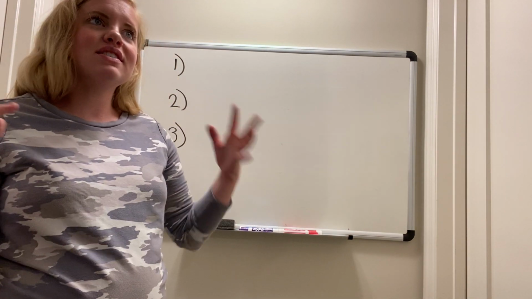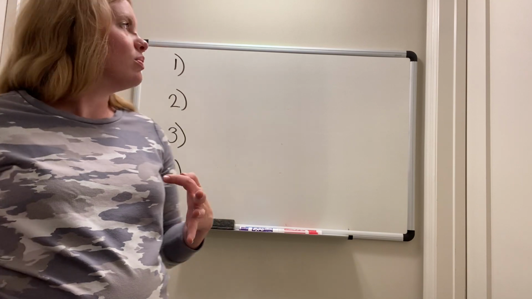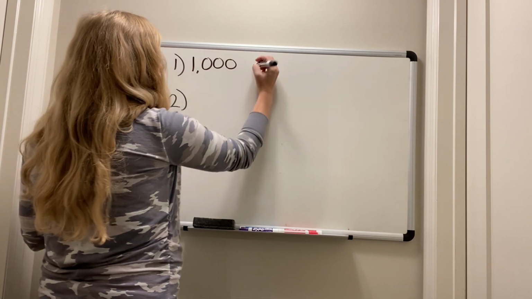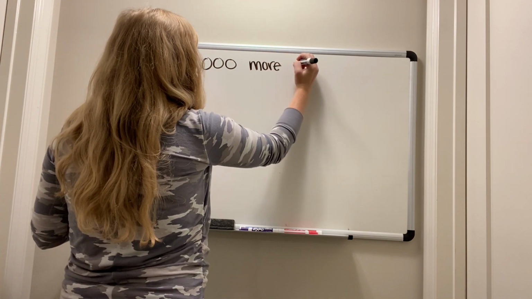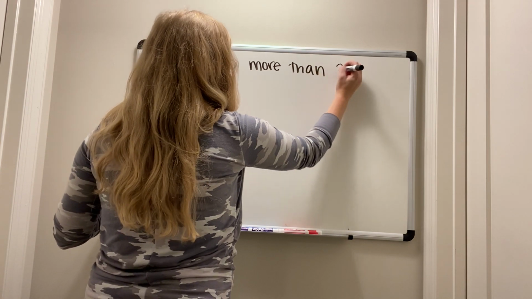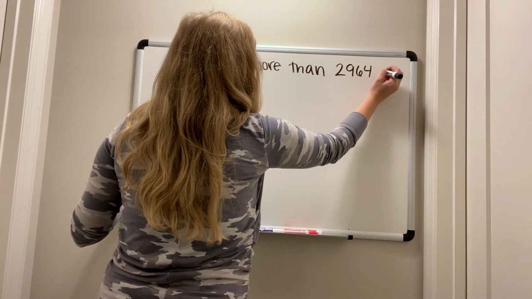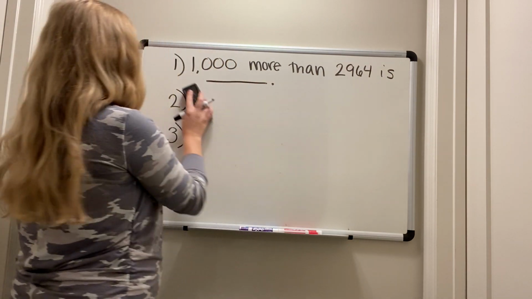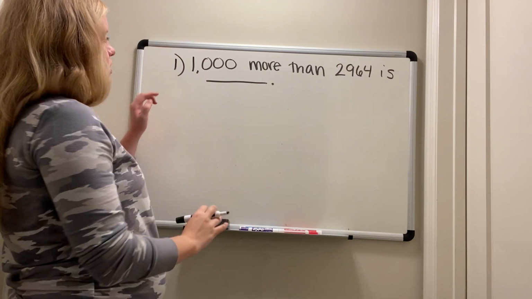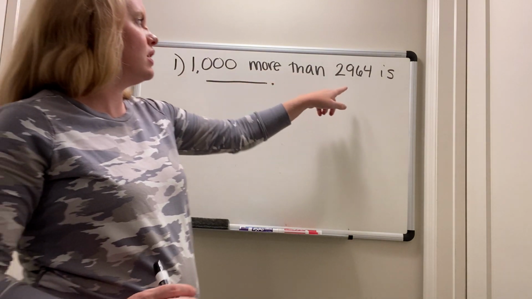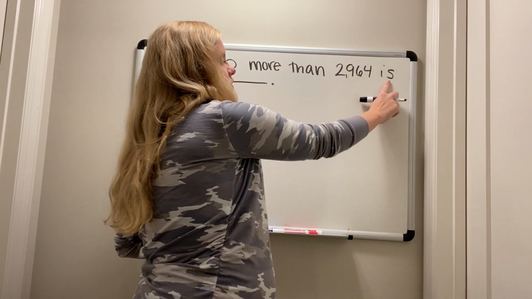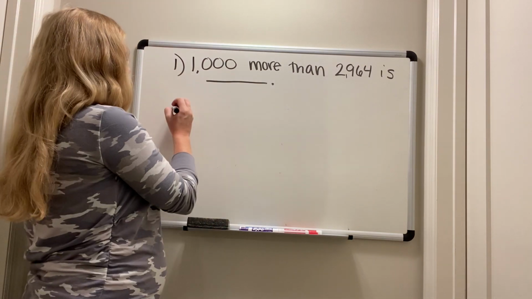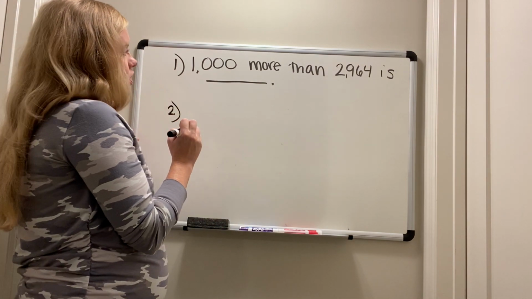So the first kind of sentence that you're going to see today on your homework is something like this. 1,000 more than 2,964 is blank. Okay, that's one kind of sentence that we're gonna run into today on the homework.